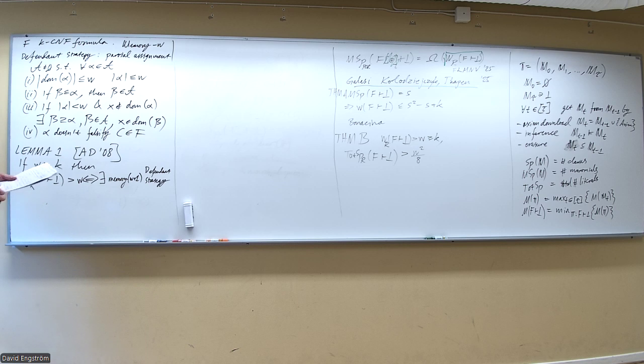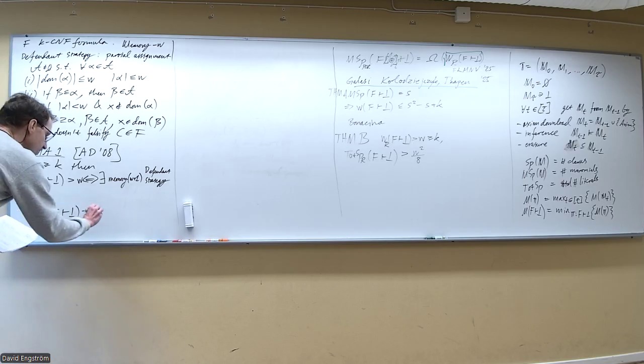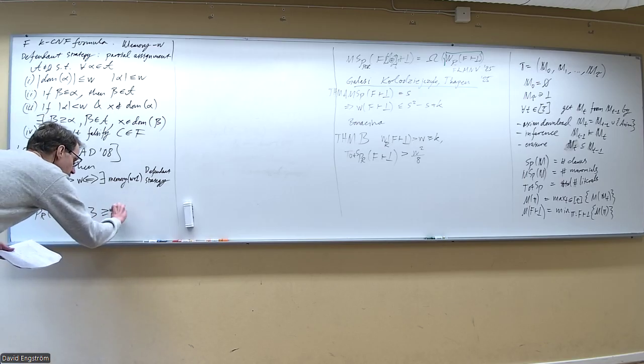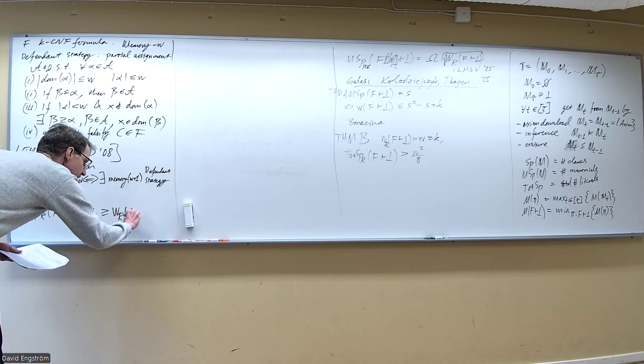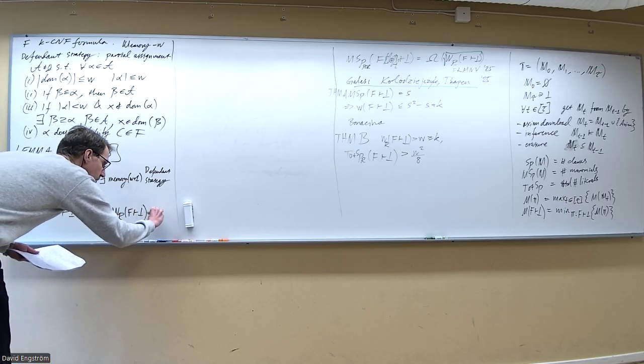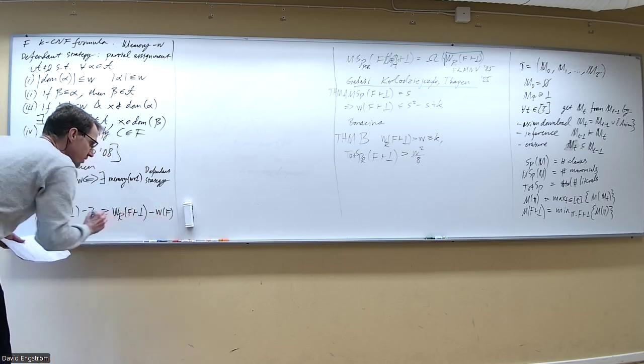Now, this immediately gave us the following theorem: the closed space in resolution of refuting F minus 3, which is the minimum closed space complexity of any refutation, is an upper bound on the width of refuting F minus the width K of the formula.